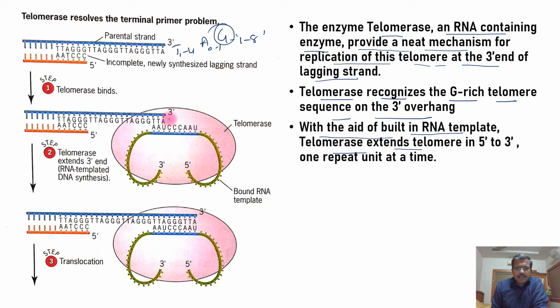In which direction will it take place? In the 5' to 3' direction. So here complementary base pairing will happen this way: U means it will add A, A means it will add T, then T, then G, G, G. In this 5' to 3' direction, this particular mechanism, the complementary addition of the DNA strand based on the RNA template, will be done with the help of telomerase activity.